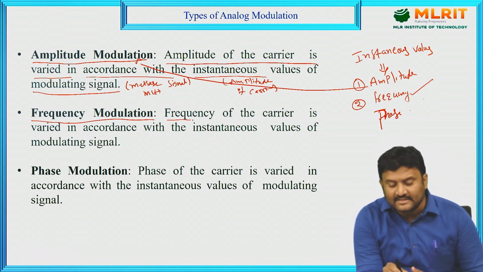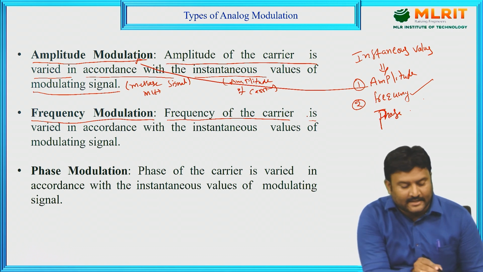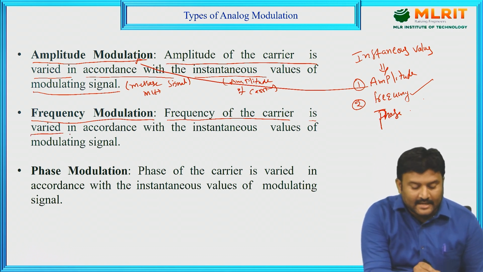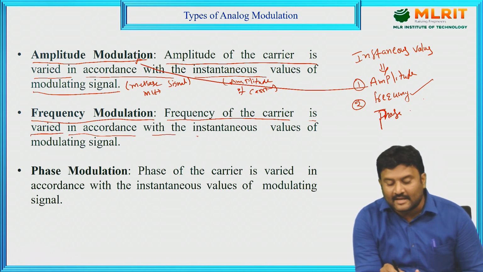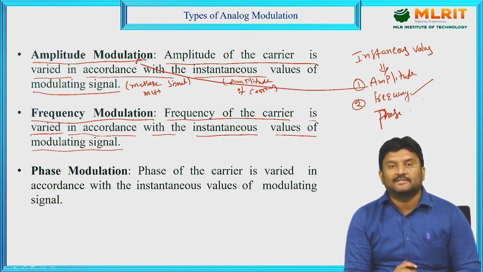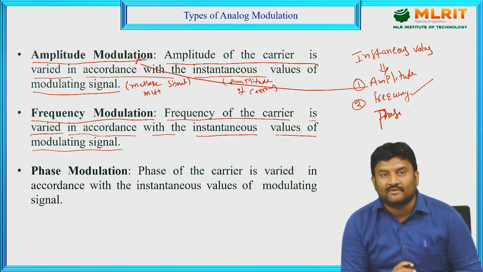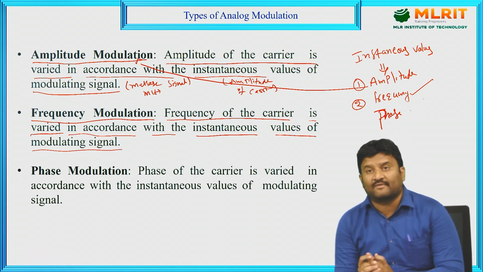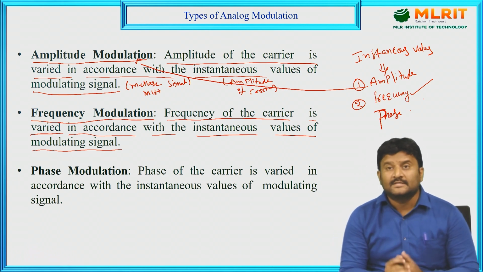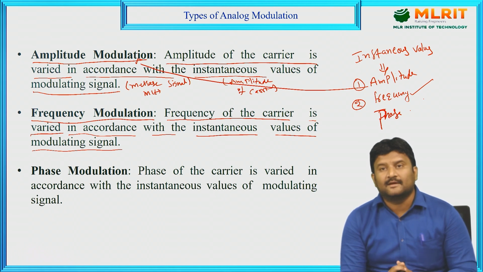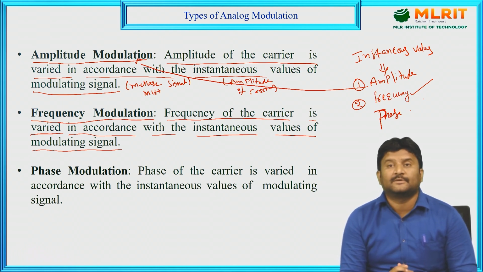The frequency of the carrier is varied in accordance with the instantaneous values of the modulating signal. Here the instantaneous value is nothing but the message signal frequency. Just replacing the word amplitude with frequency, the definition becomes the same as amplitude modulation, known as frequency modulation.